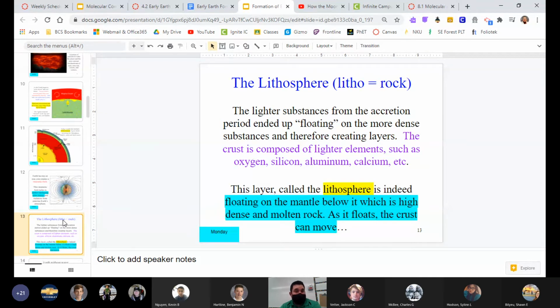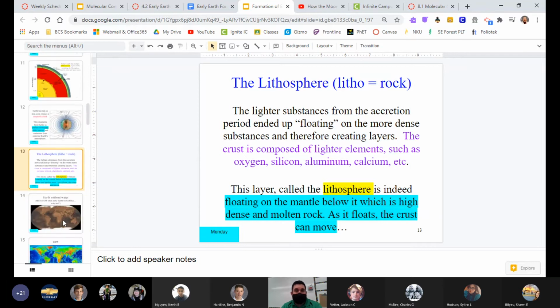So as it floats, just like an ice cube in water, just like an iceberg in the ocean, all that stuff can move. And that's really important for our lesson today, is that things move, and they're constantly moving, and they're still moving today. Okay, is that rock on top of the mantle is still moving today.